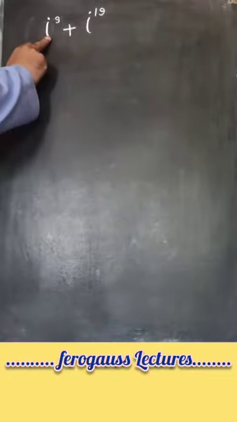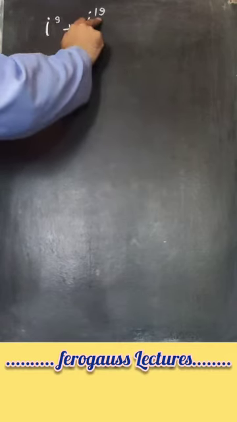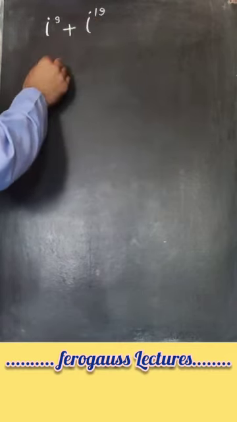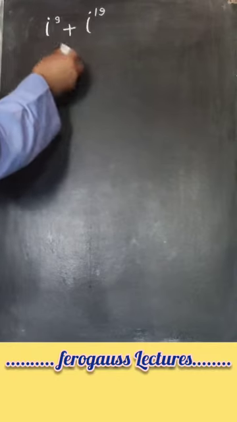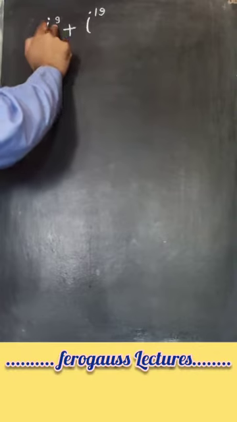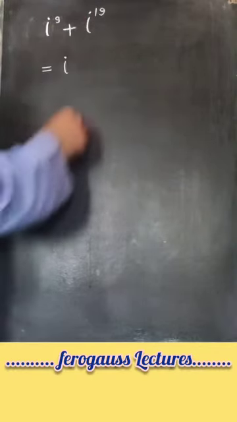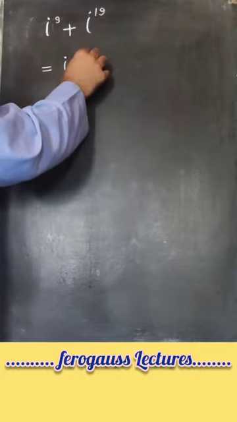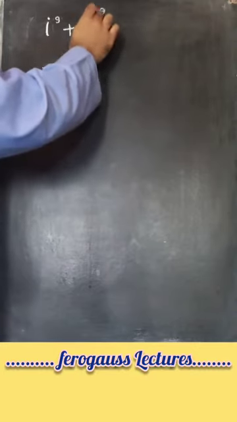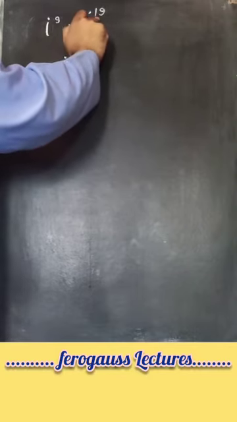Here we have complex number iota raised power 9 plus iota raised power 19. And we can write it as, now if we divide 9 by 4, we get 1 as remainder. So this is equal to iota raised power 1, that is equal to iota. Plus, here we have iota raised power 19. If we divide 19 by 4, we get 3 as remainder.